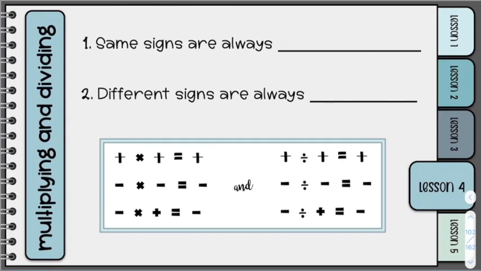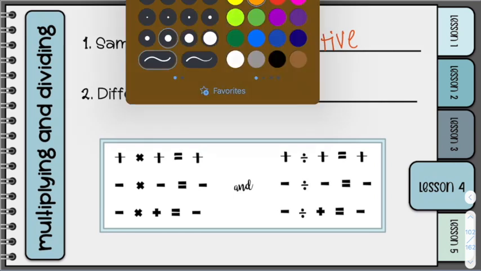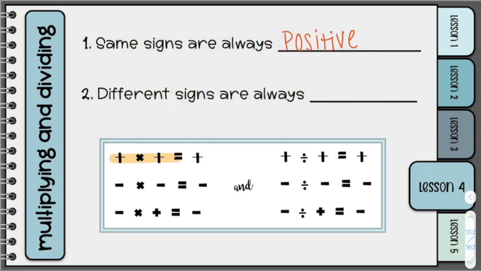So when you're multiplying and dividing, when you have the same signs, your answer will always be positive. So for here, when you have a positive times a positive, you'll get a positive. And negative times a negative is going to be a positive.